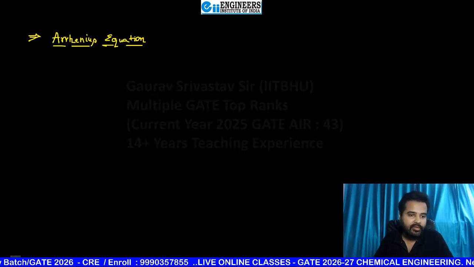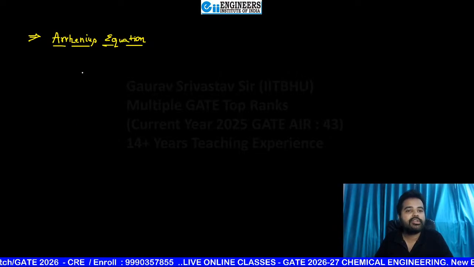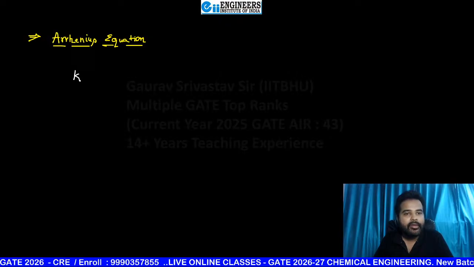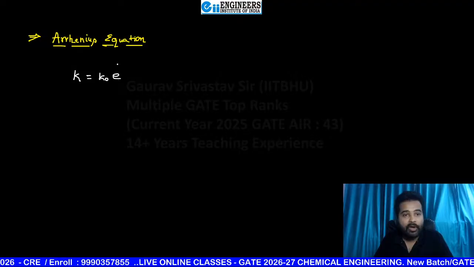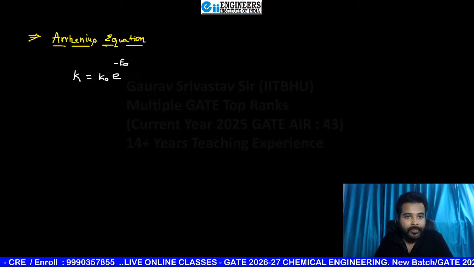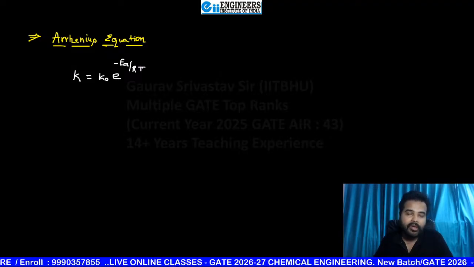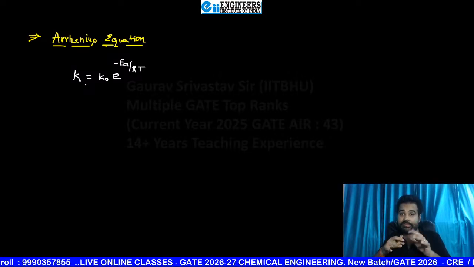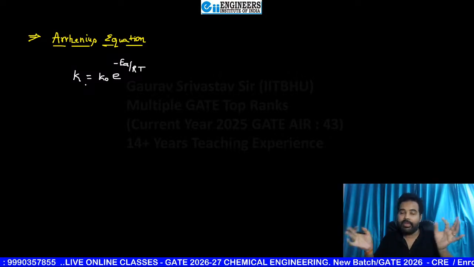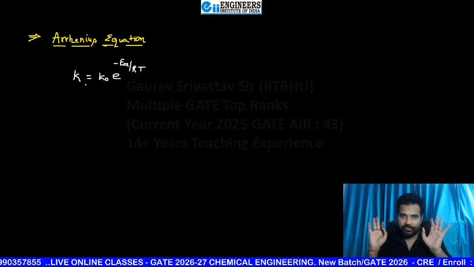You had seen this equation: k is equal to k naught e raised to power minus EA by RT. And my dear students, heat of reaction is a function of temperature, maybe for your given case.